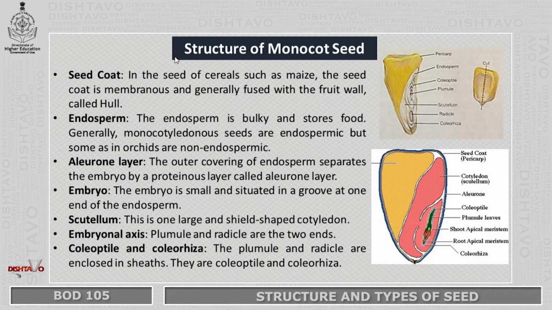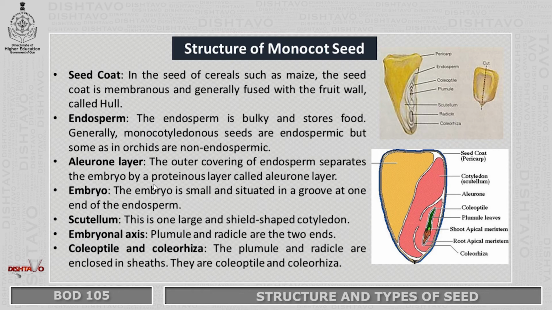In most of the seeds of cereals such as maize, the seed coat is membranous. You can recollect how the maize seed, the corn seed, looks. It has a membranous layer and it is generally fused with the fruit wall called the hull. The endosperm is nothing but a bulky substance and stores food.